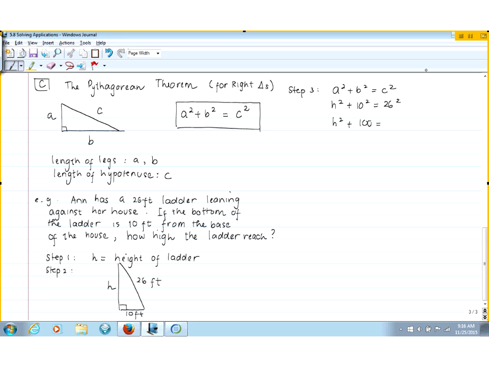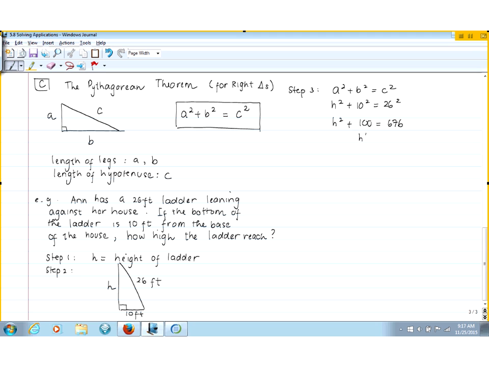What is 26 squared? I don't know either. So either we calculate by hand or 676? Okay. So 24 squared is 576, but 26 squared is 676. Good, now I know. So now, what is h squared?